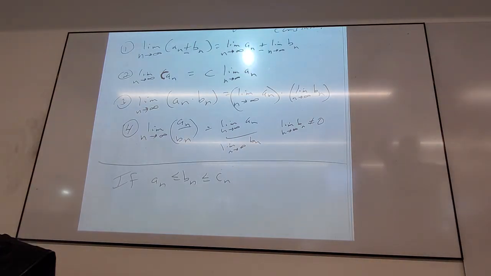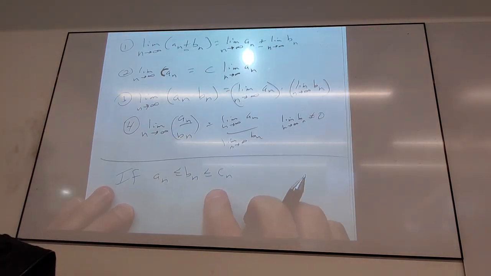It's in between a_n and c_n. So if a_n is 1 and c_n is 3, b_n could be 2 or something in between 1 and 3. So every element of b_n must be between the associated elements of a_n and c_n. Anyone know where I'm going with this? We're talking about limits, and they set up this inequality. Squeeze theorem.